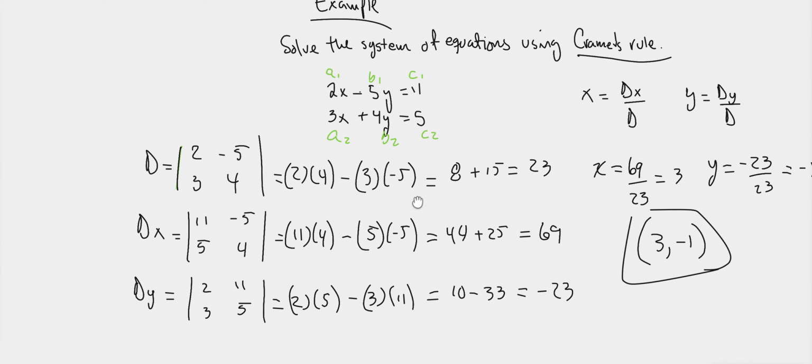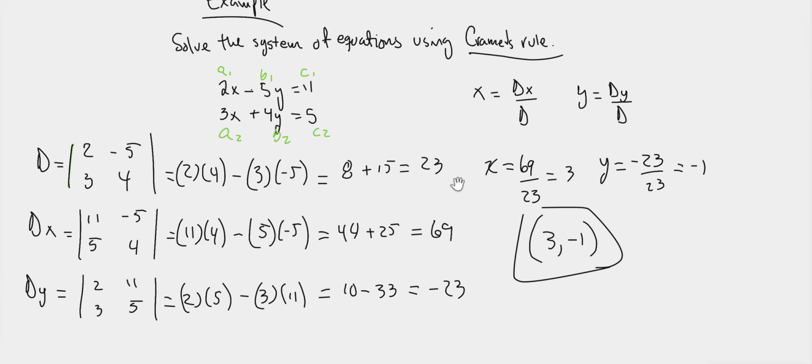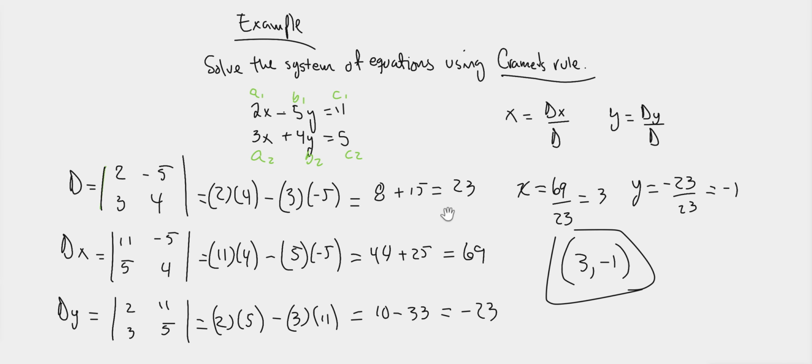And lastly, I used the last formula to find x and y, which is the determinant of x divided by the determinant of the constant, and to find y, the determinant of y divided by the determinant of the constant. All of this comes from those equations. Now remember to write down your answer as an ordered pair. If you don't write it as an ordered pair, then sadly you have not completed the problem.